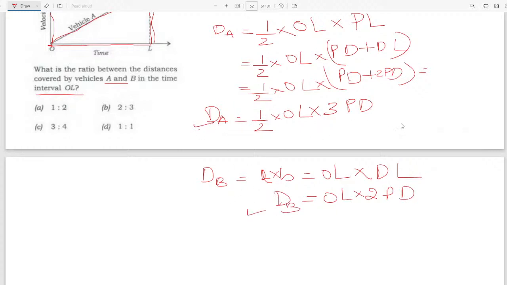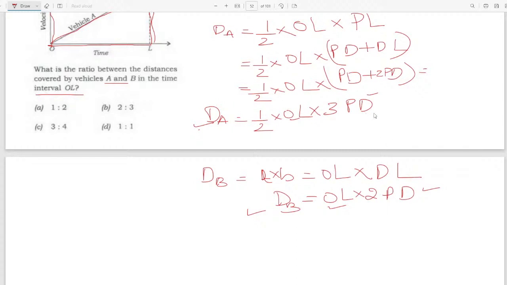What I've tried to do is bring the areas into the same terms. There is PD here, there is PD here, there is OL and there is OL, so that when I take the ratio, I can eliminate these variables.